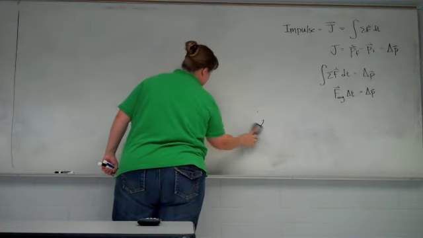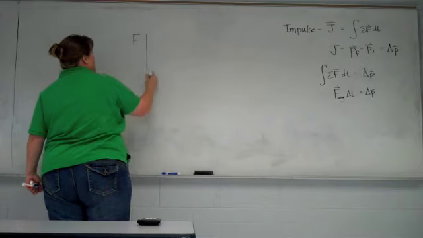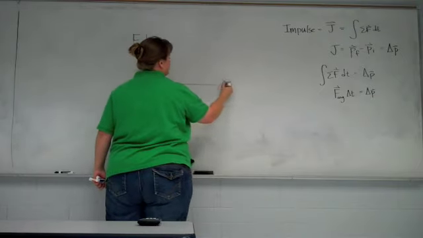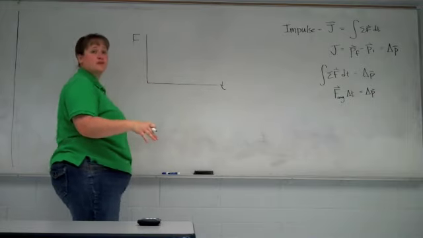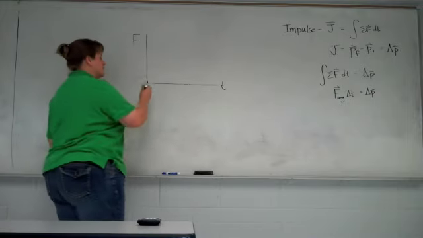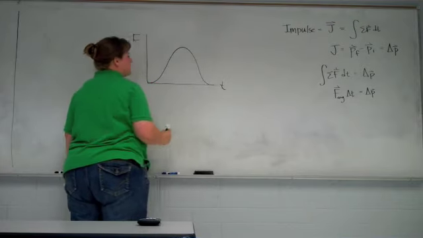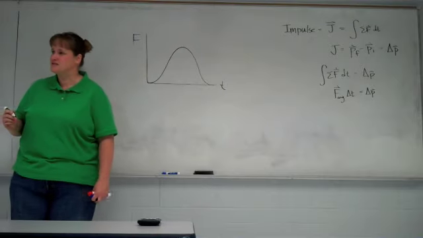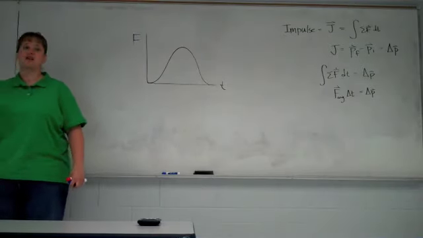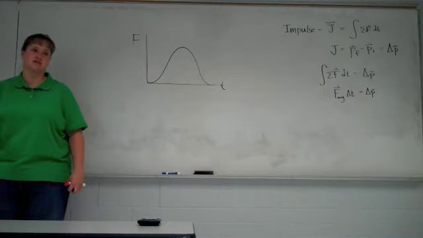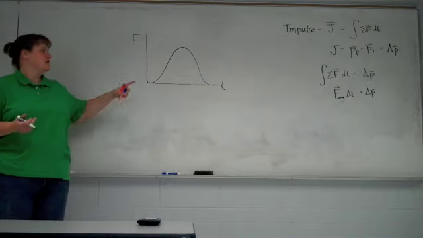So graphically, if I had a graph of force of something versus time, say the force of a ball hitting the floor, so the force of the floor acting on the ball, it would look something like this. The force is not constant as the ball collides with the floor. It will increase and decrease as the ball collapses and rebounds.